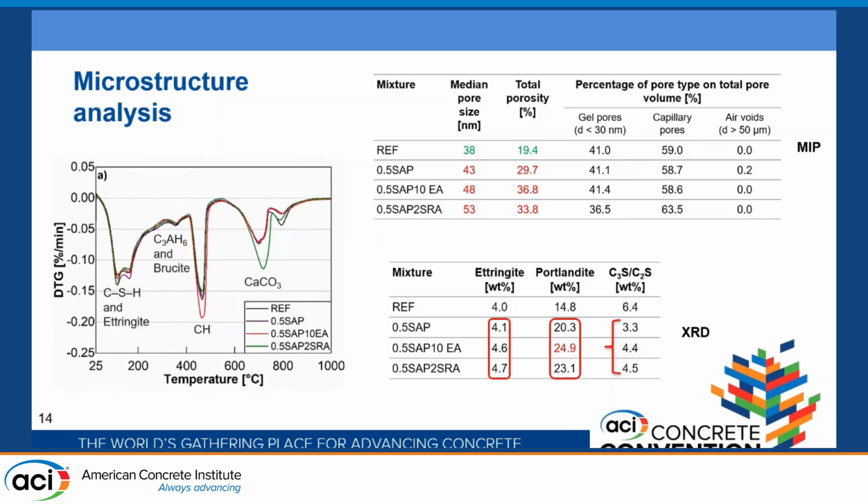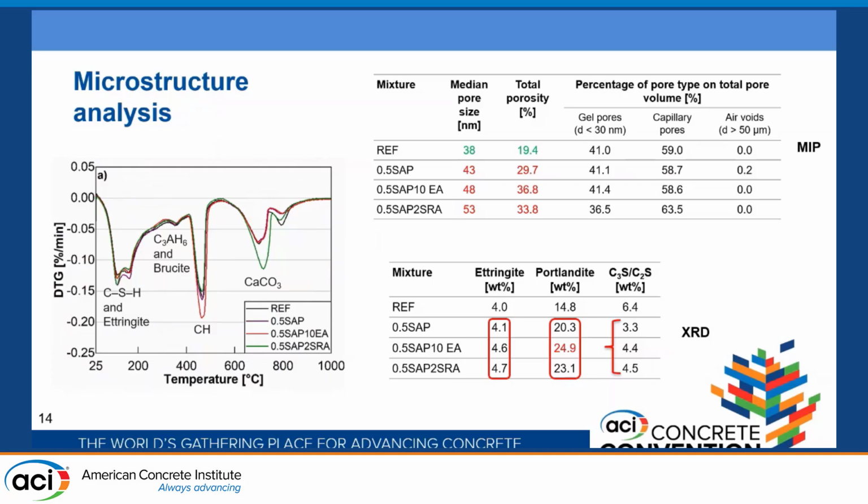And on the XRD table on the right, when comparing the reference mixture with SAP mixtures and their combinations, we get higher hydration products, shrinkage and portlandite compared to the reference mixtures, and in contrast, lower unhydrated C3S and C2S compared to the reference. But this wasn't enough to conclude about the compressive or mechanical properties.